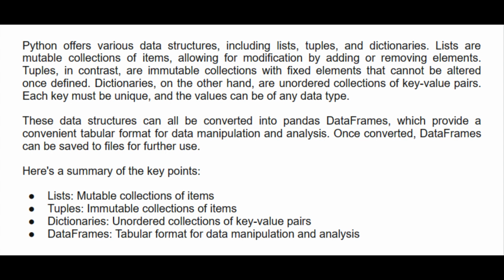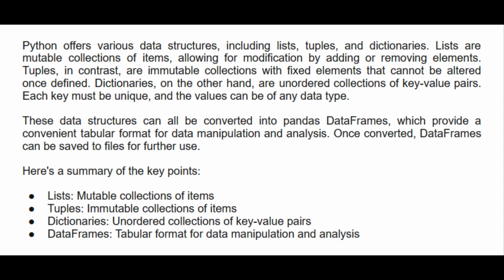Dictionaries, on the other hand, are unordered collections of key-value pairs. Each key must be unique, and the values can be of any data type. These data structures can all be converted into pandas dataframes, which provide a convenient tabular format for data manipulation and analysis. Once converted, dataframes can be saved to files for further use.